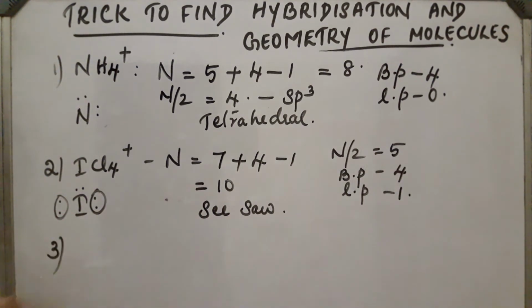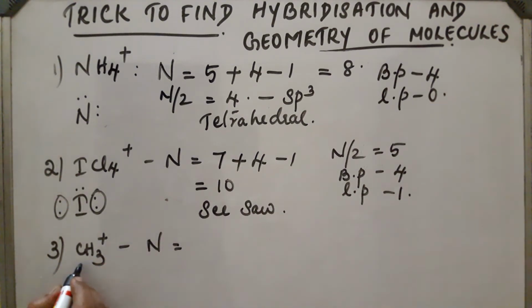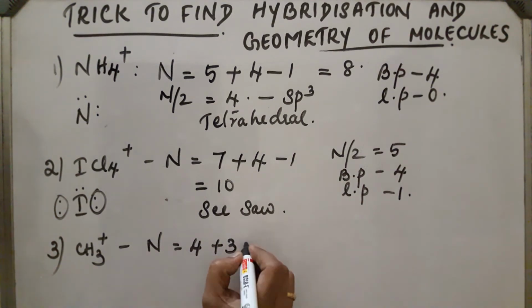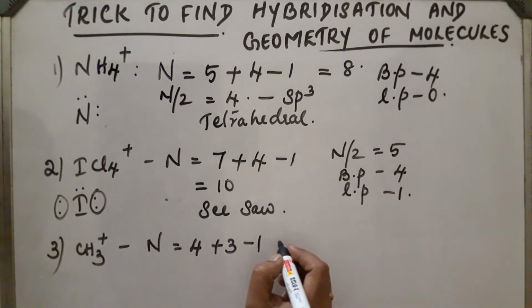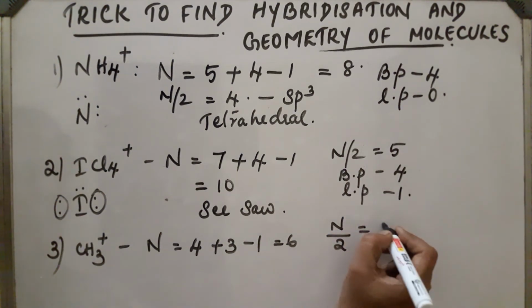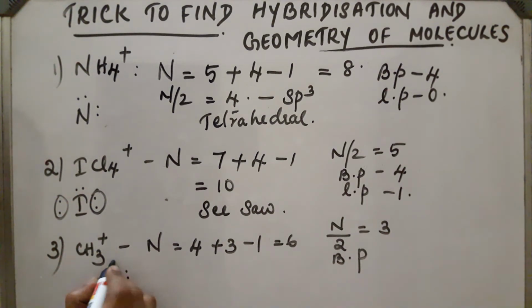Let us take one more example. CH3 plus. N is equal to valence electrons 4 plus 3 monovalent atoms minus 1. Okay, so 6. So N by 2 equals 3. How many bond pairs? Carbon plus means 3 electrons.